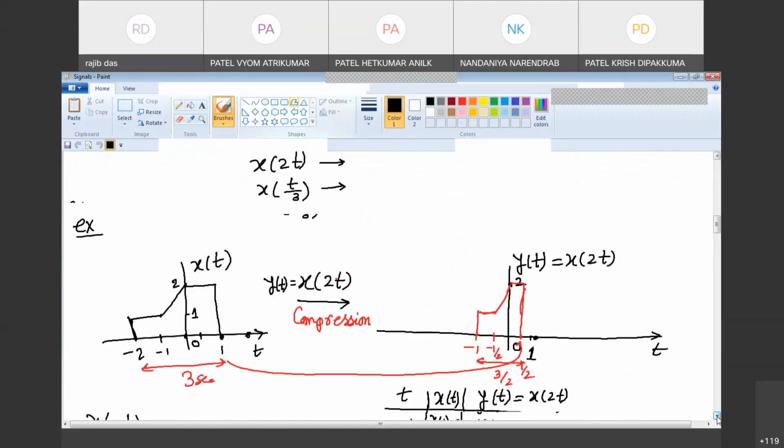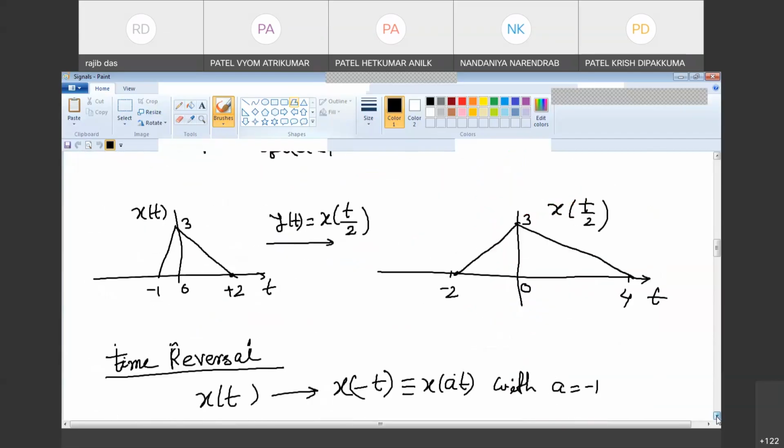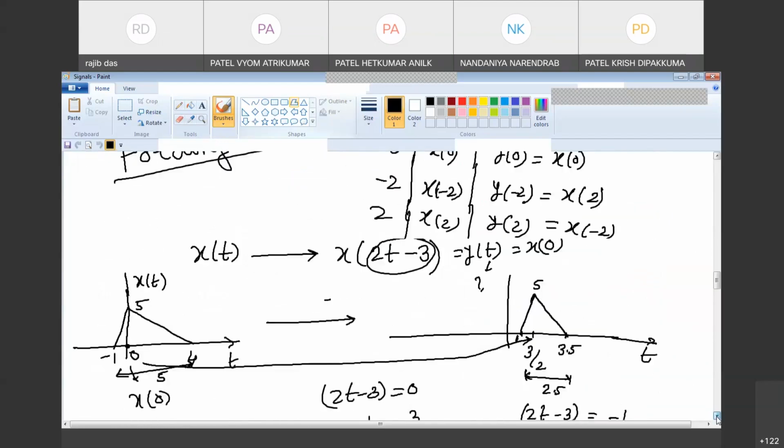So you see, last class we have discussed some operations on signals. Specifically, we have discussed time shifting and time scaling, these two, and then the addition of signals we are discussing.